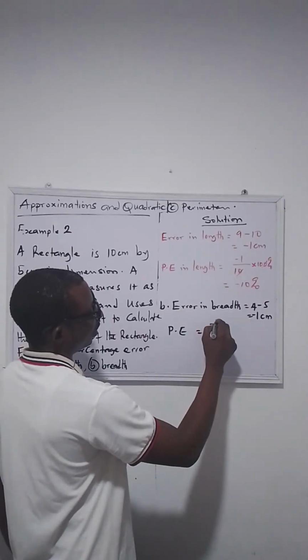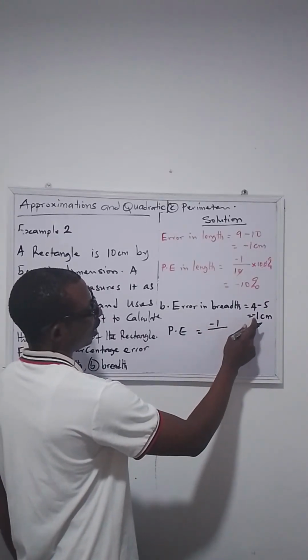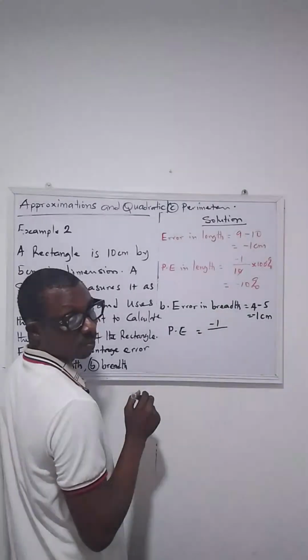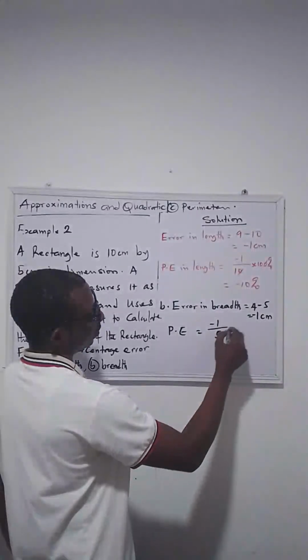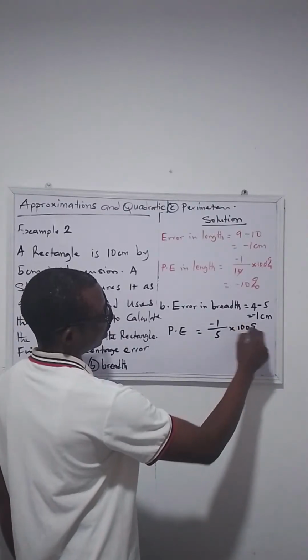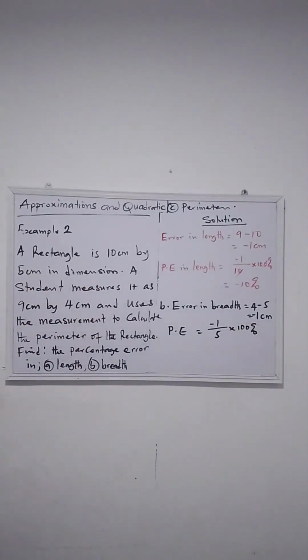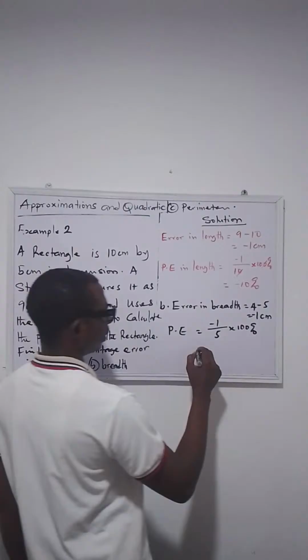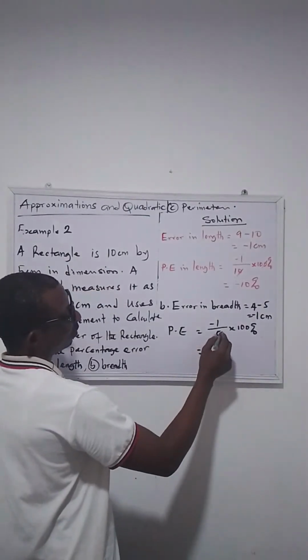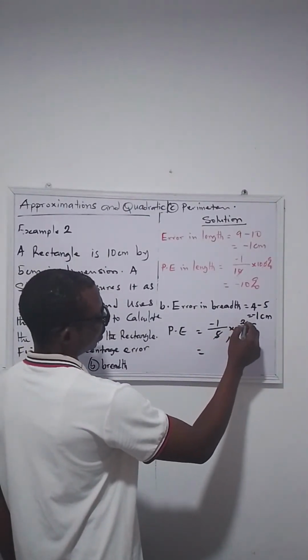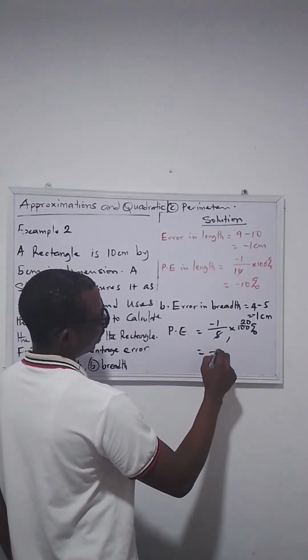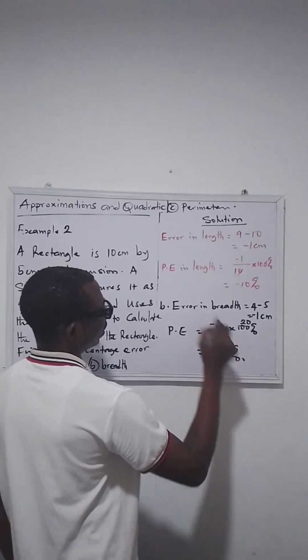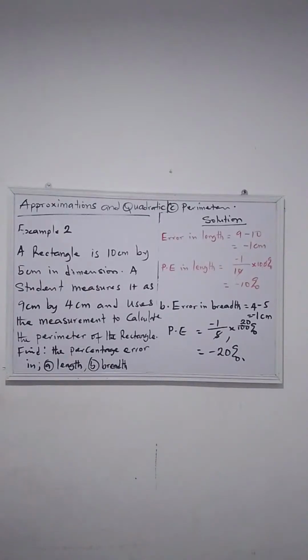The error in breadth over the actual breadth. What's the actual breadth? That's 5 times 100%. Okay, can you see that? All right. So now let's see. 5 goes into 1 ... 5 goes into 100 is 20. Okay, so that's going to be negative 20%. So that's going to be the percentage error in the breadth.